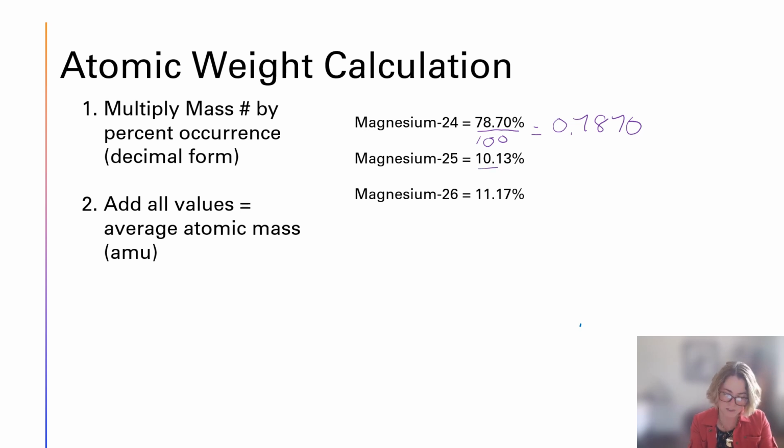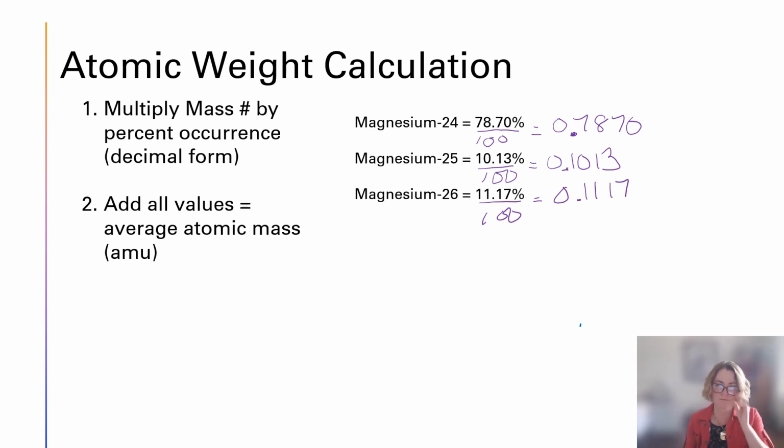Dividing the next one by 100 gives us 0.1013, and then dividing the last one by 100 gives us 0.1117. Okay, make sure those decimal places are nice and visible.